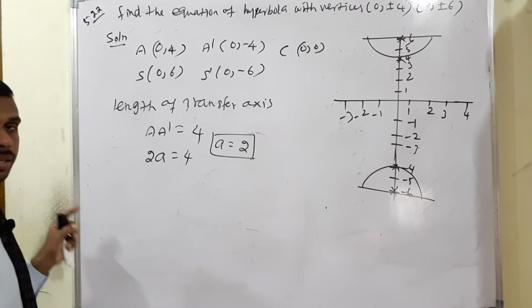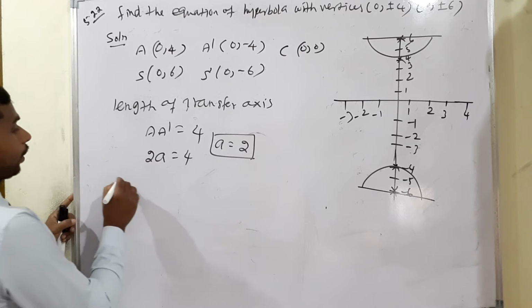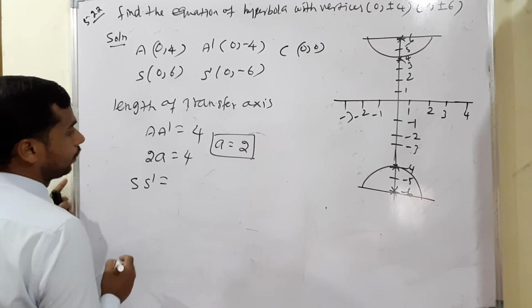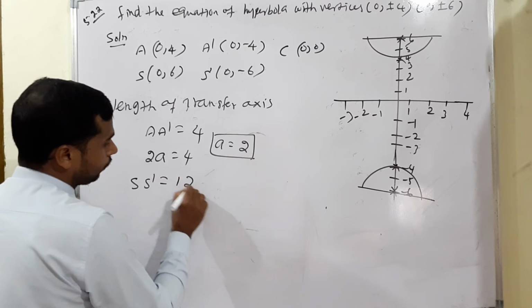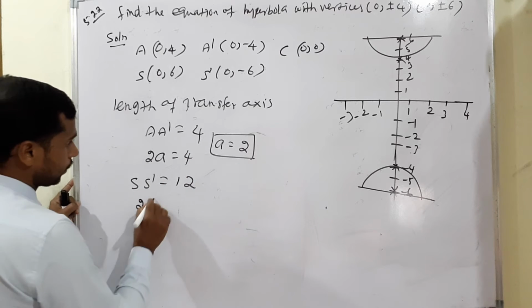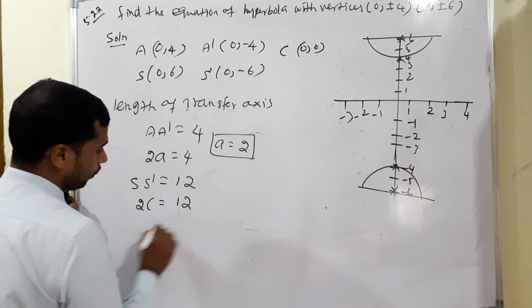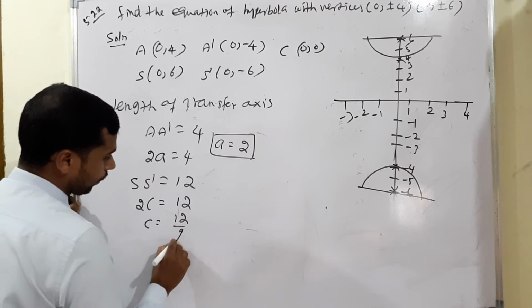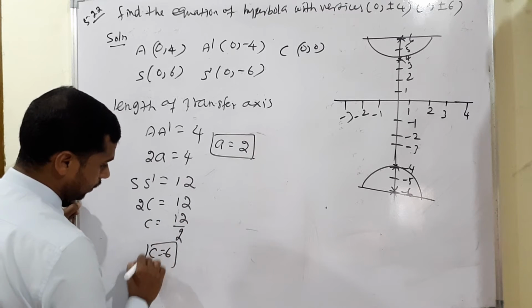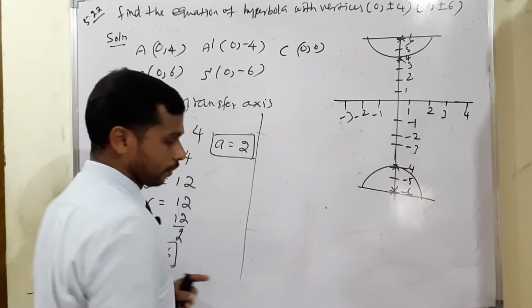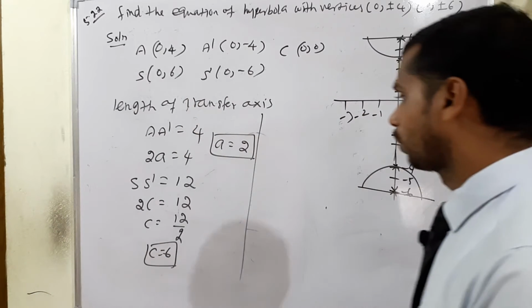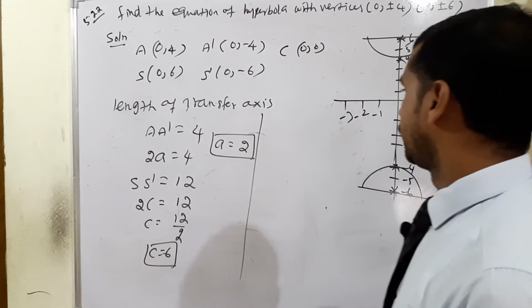The next one, distance between foci. Distance between the foci, S dash is equal to 6 plus 6, value will be 12. Therefore 2c is equal to 12 means c is equal to 12 divided by 2. Therefore c is equal to 6. Then how to find out the b square? So b square is c square minus a square.